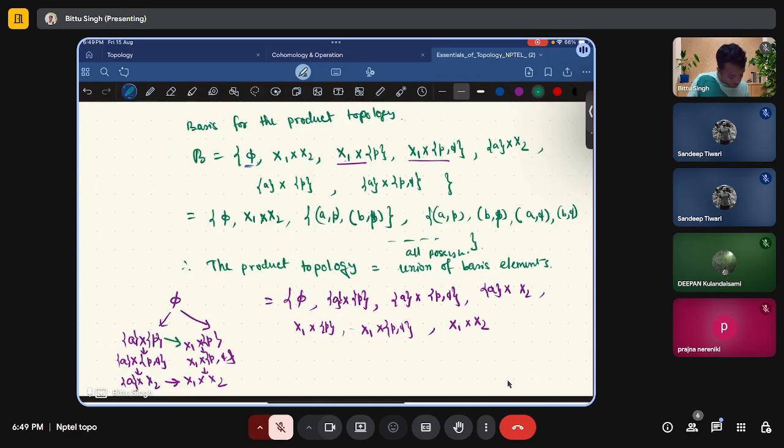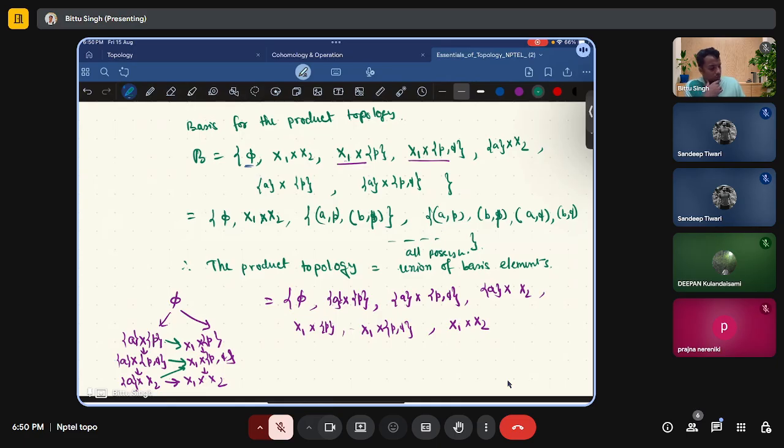Similarly, this will also contain here, and this also contains here. So those are relations. Are there any other relations? Yes, this is also contained here. This is just a composition of those two containments.